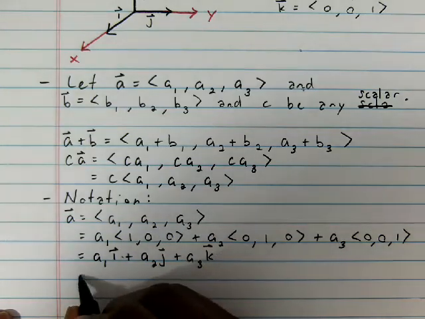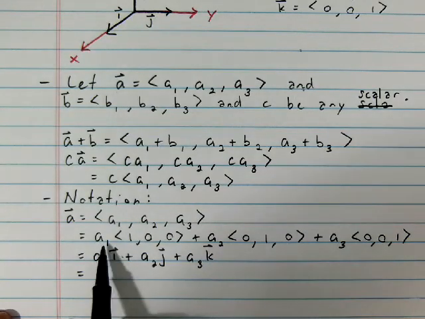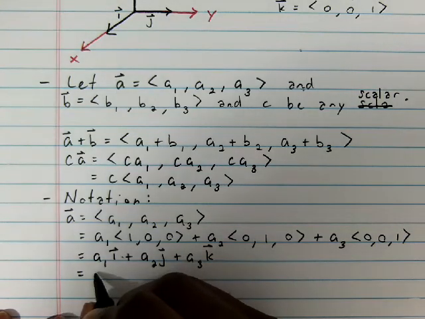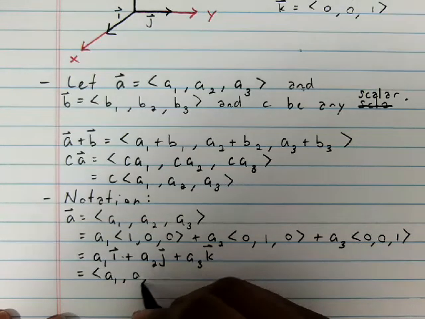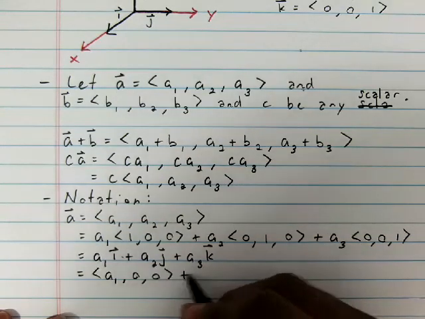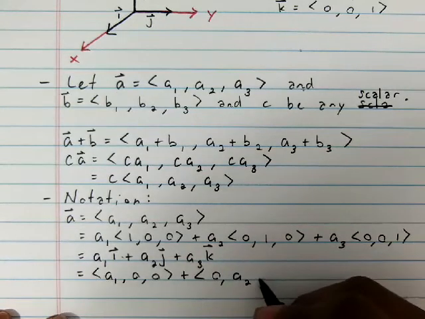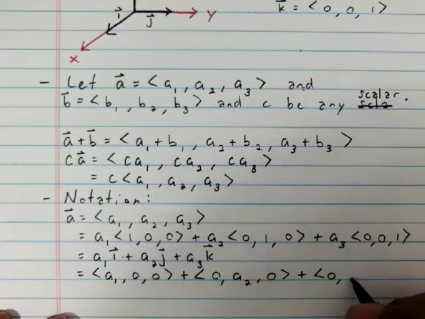And just for good measure, let's look at it one more way, which I mentioned but didn't write up here in the list. If I put that A1 in there, we also could write this as A1, 0, 0 plus 0, A2, 0 plus 0, 0, A3.